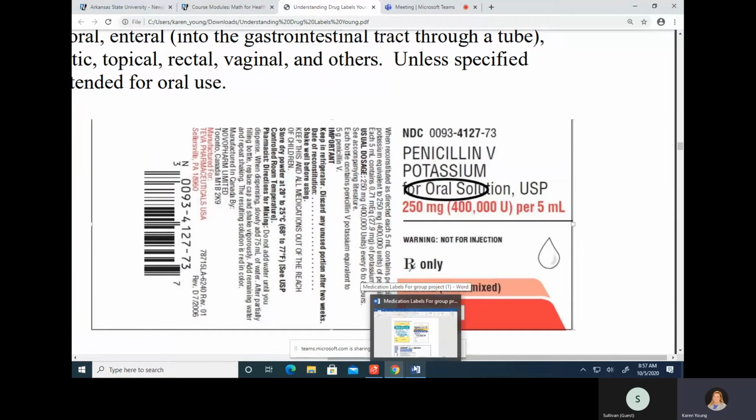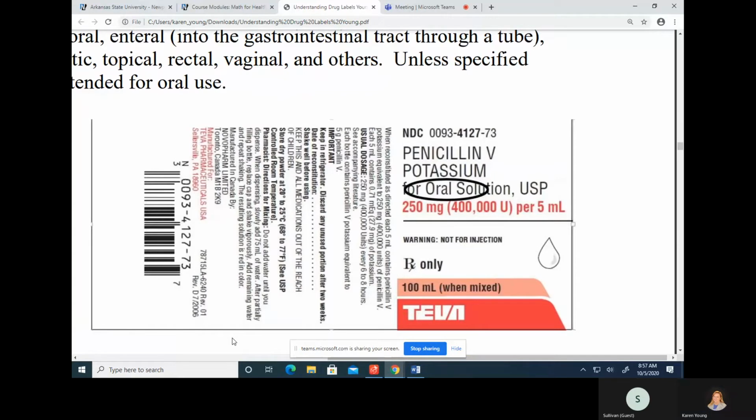Okay. Does this one have a brand name? What's my generic name? Penicillin V potassium. What's my route? Oral. What's my form? Now this one will be tricky. Oral is a route.